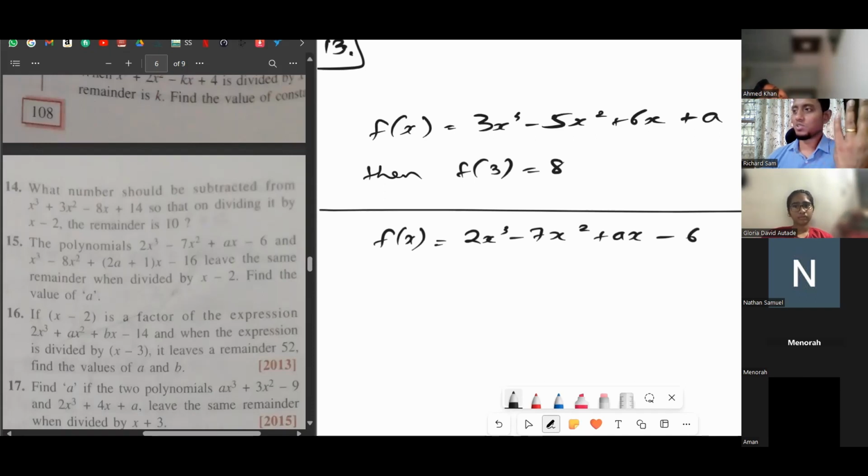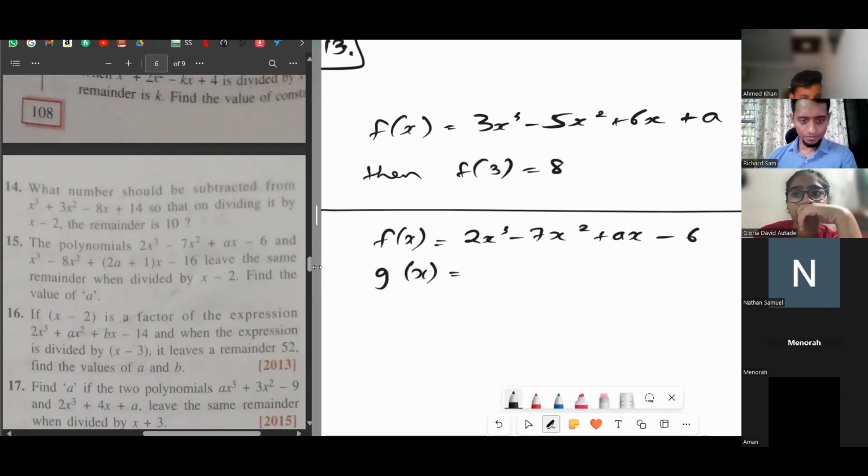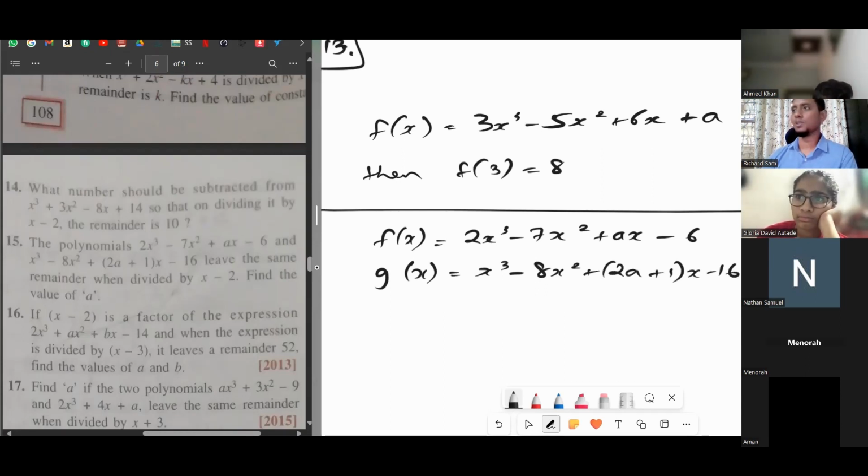After f comes g, so we'll call the second polynomial g of x. We put x because both polynomials have x in it, right? g of x is x cube minus 8x squared plus (2a plus 1) into x minus 16. This is your second polynomial.